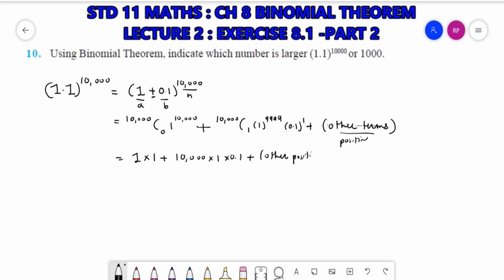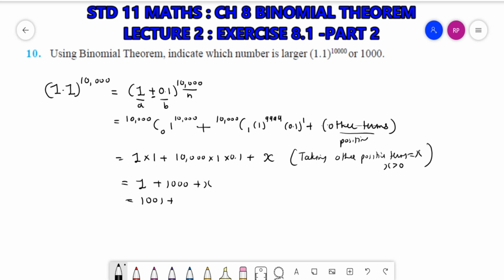Let's take these other positive terms as x, such that x is greater than 0 because it is positive. So 1 into 1 is 1, plus 10,000 into 0.1 that is 1000, plus x. So this is 1001 plus x.